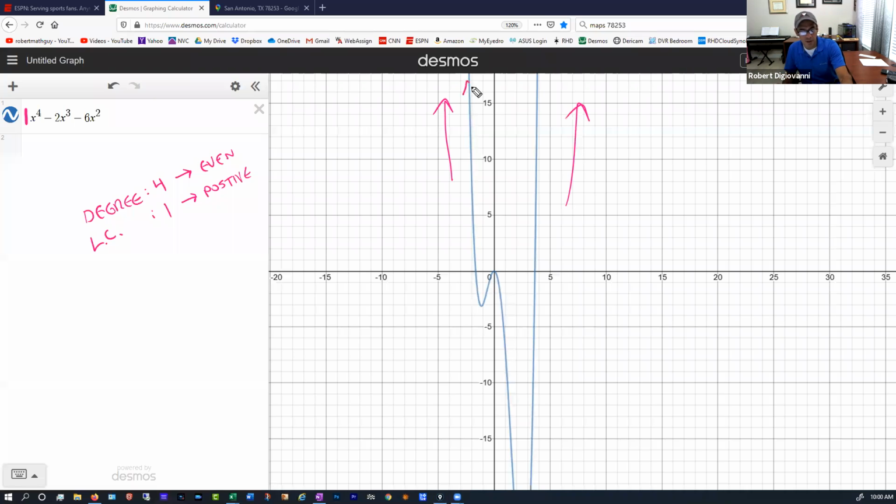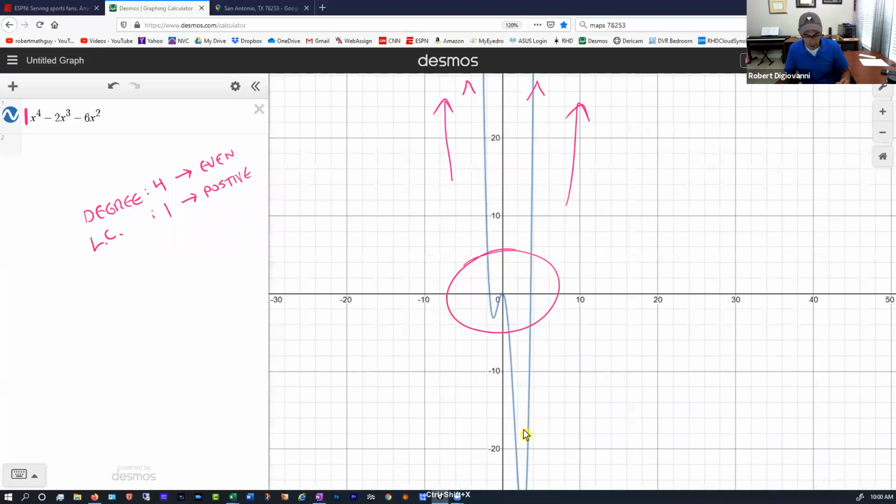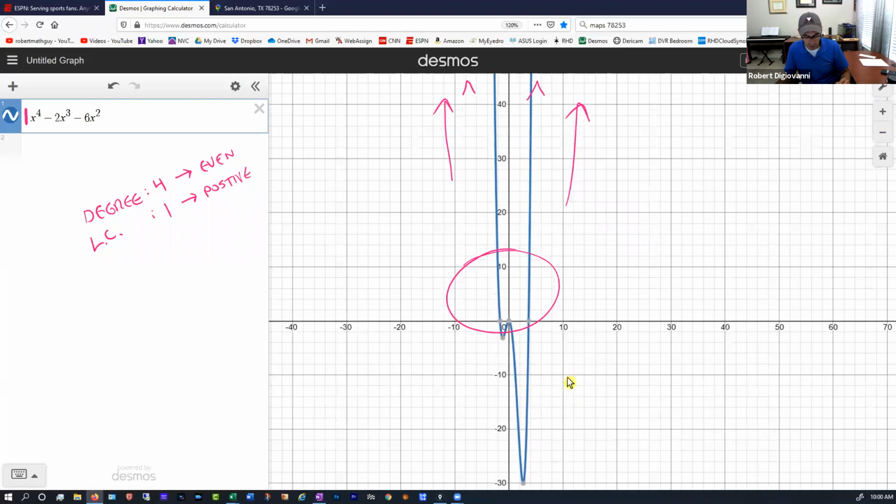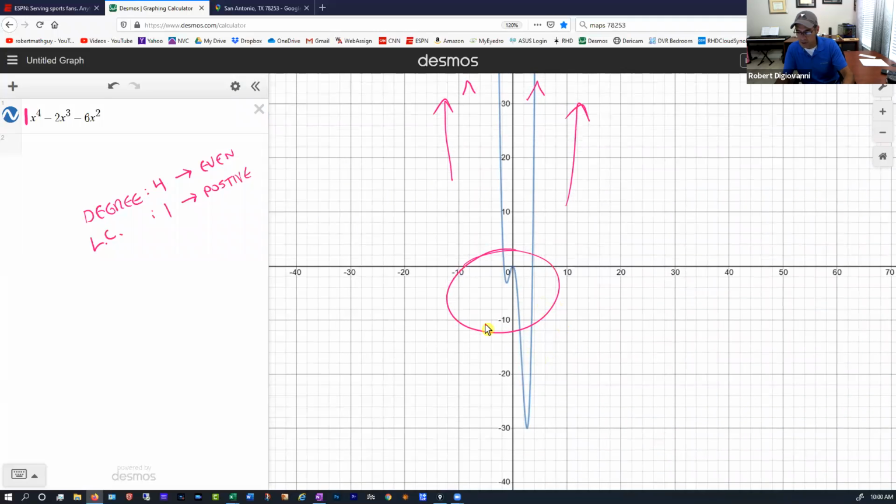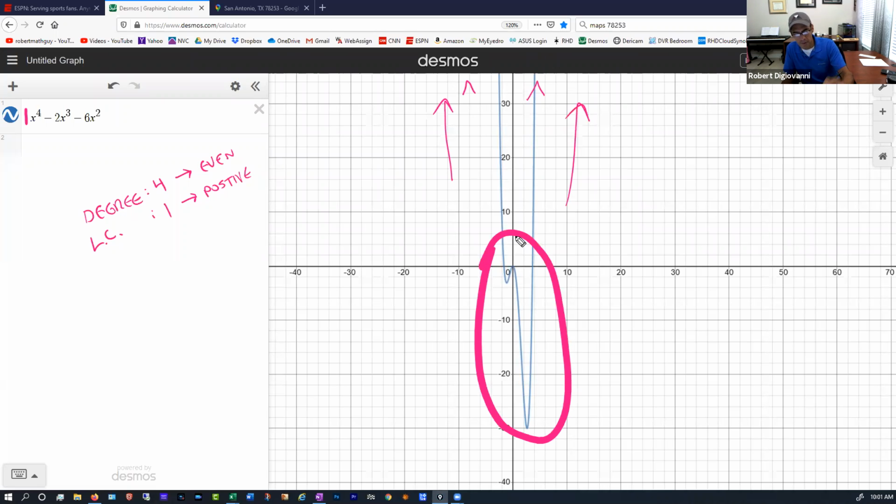It does go up on the left and it goes up on the right. So these graphs continue up forever. The question is the stuff here in the middle. Like all this stuff, can we figure that out?